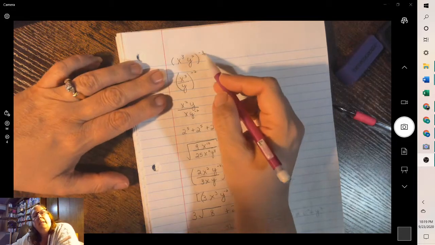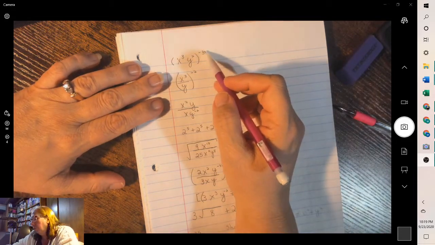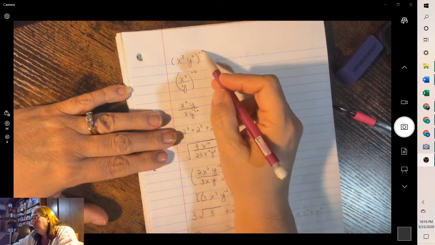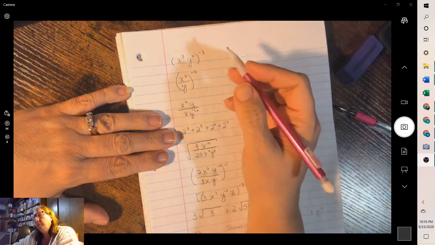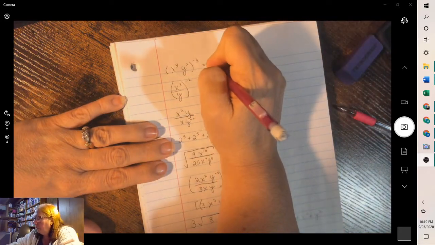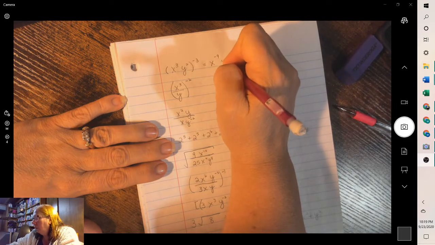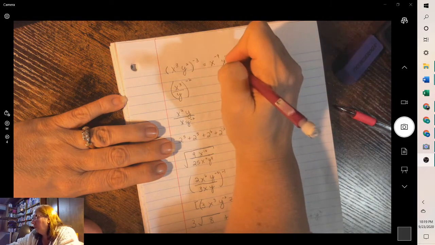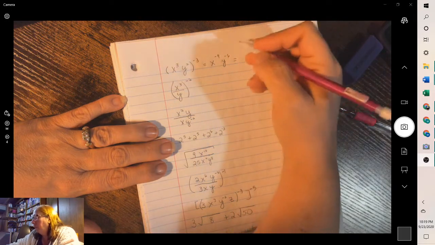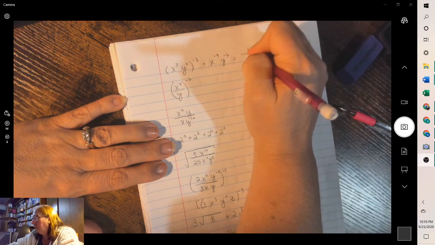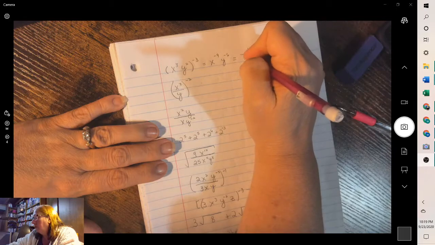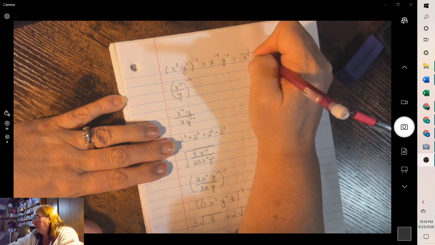Okay, this one's negative, so it's up to you if you want to move it to the denominator first or multiply these through first. If we multiply them first, we have x, negative 3 times 3 is a negative 9, y, negative 3 times 2 is a negative 6. But then we need to move both of them to the denominator to make them positive. So we have x to the 9th, y to the 6th.